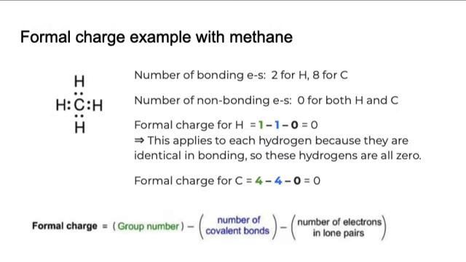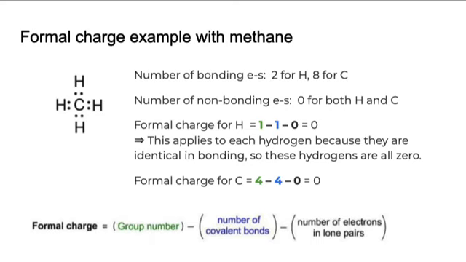A quick example here with methane, CH4. So the number of bonding electrons is 2 for the hydrogens and 8 for the carbon. Remember, we're going to subtract off half of that number, or we could just say the number of covalent bonds instead.